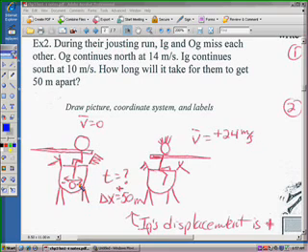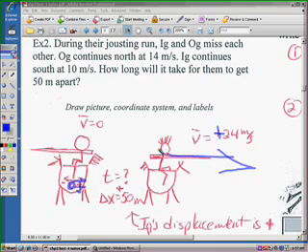Okay, now then, in our coordinate system, going to the right is positive. And Ig here, he's still going to the right, so his relative velocity is still positive. We started off with the horses right next to each other at the origin.